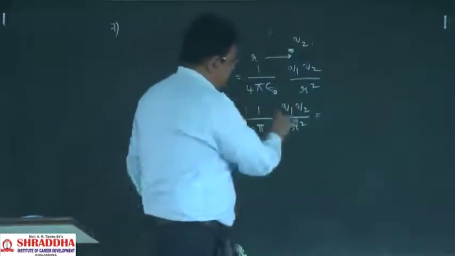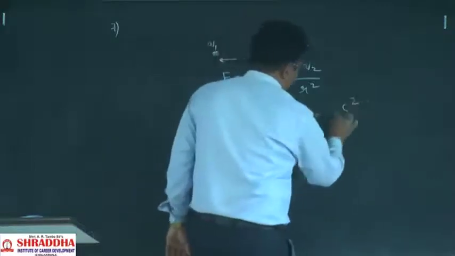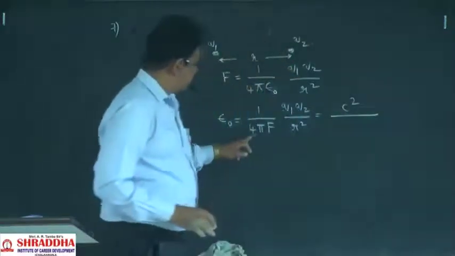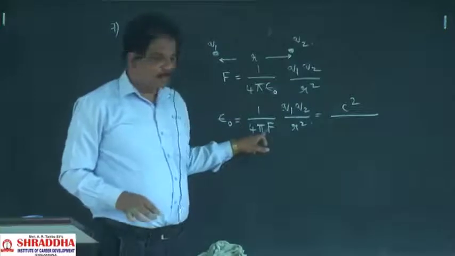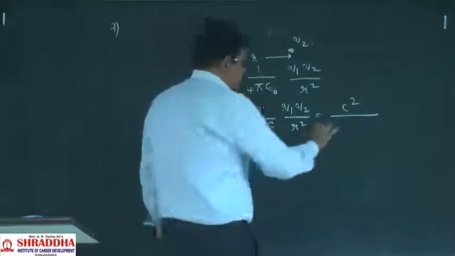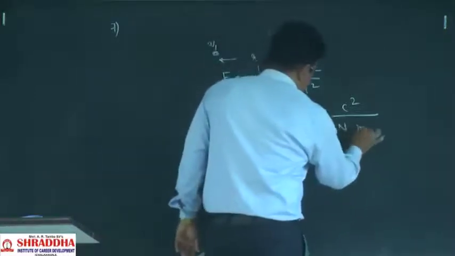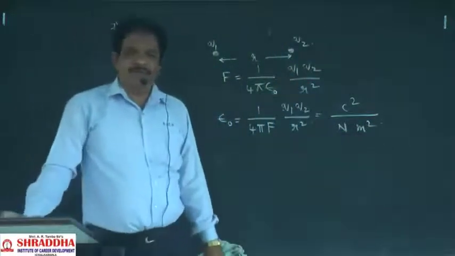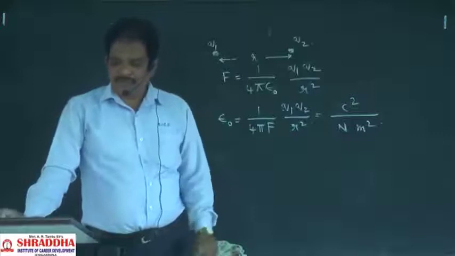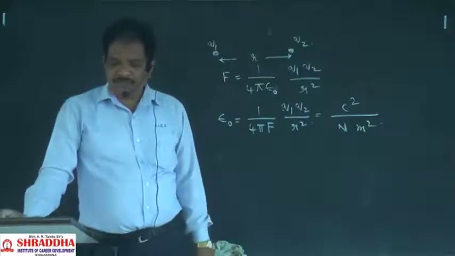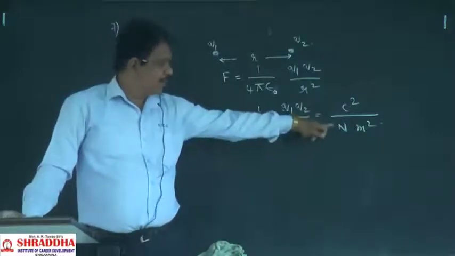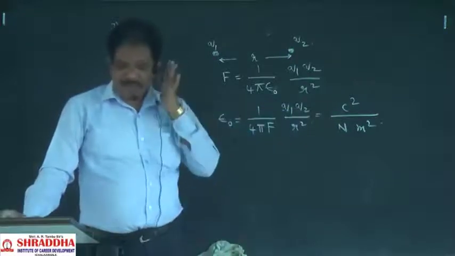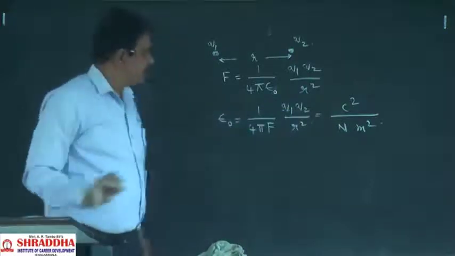This is Coulomb square. 4 pi constant. F means Newton. R square means meter square. So Coulomb square per Newton meter square. That will be the unit. Okay. Coulomb square per Newton meter square. Seventh it will be C.